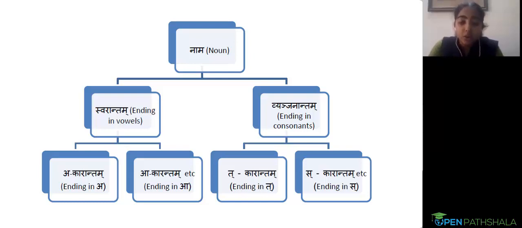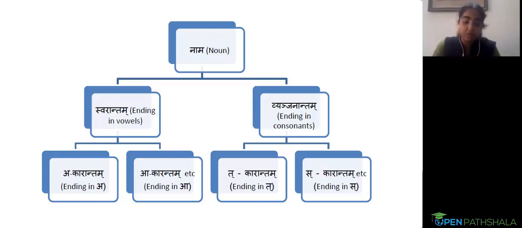Nouns that end in vowels come under Swarantam, and nouns that end in consonants come under Vyanjanantam. Now, Swarantam includes Akaranta, which means those ending in A, etc. Whereas Vyanjanantam will have examples of words ending in Ta, Sa, etc. So Takarantam, Sakarantam, etc. Is it clear up till now?